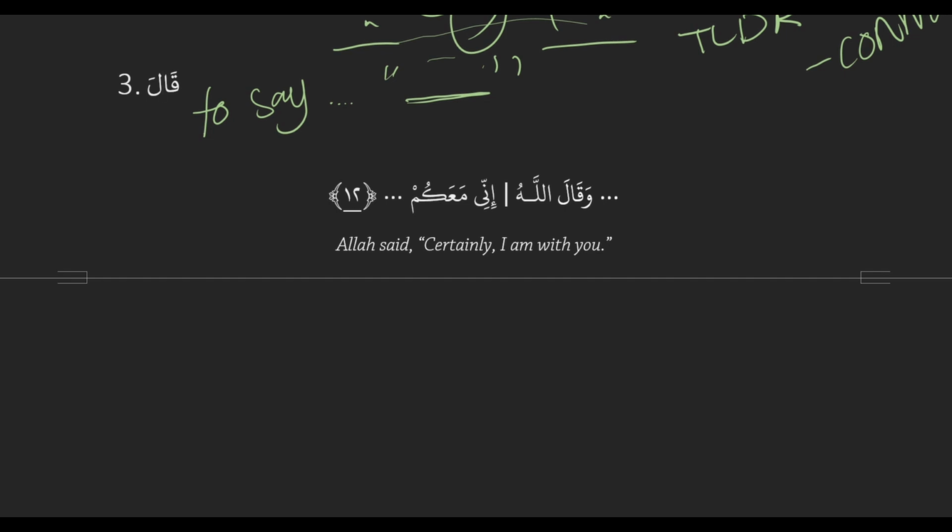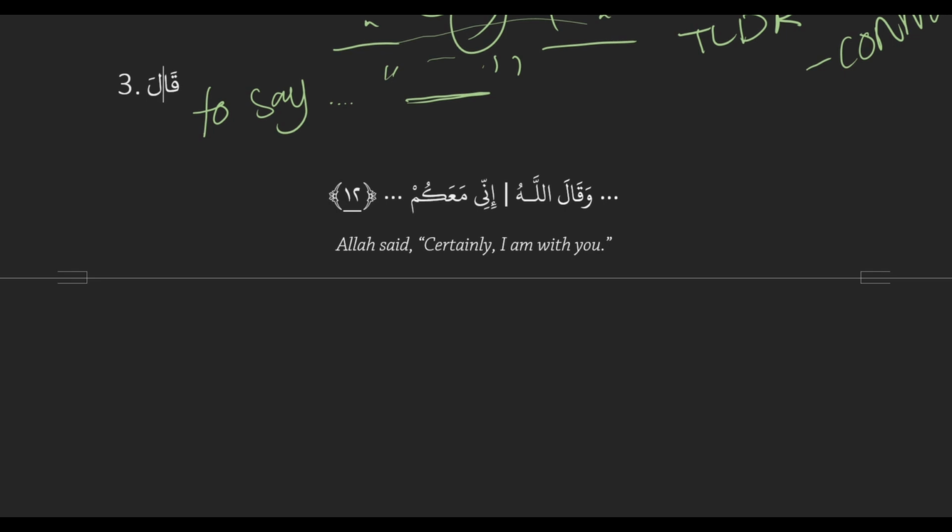Get me the keys is a quote. So why does qala end up making a break or a new sentence? Because when you have a quote, usually within the quotes you're going to end up with a full sentence. Is that making sense?